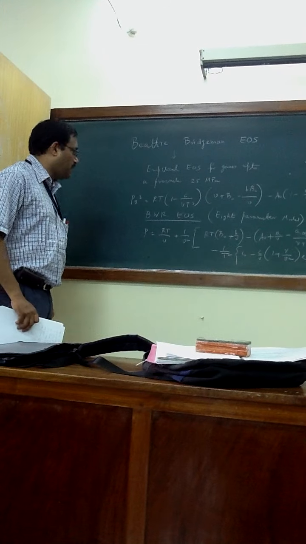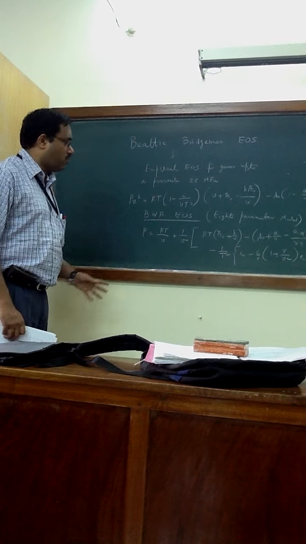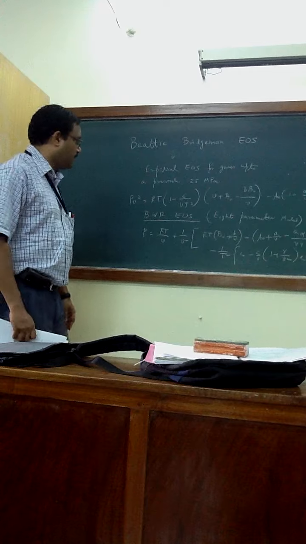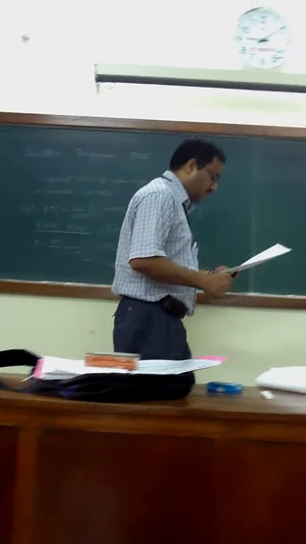You can see so many parameters, B0, B, A, alpha, all those things. So this also belongs to the second class equation of state.